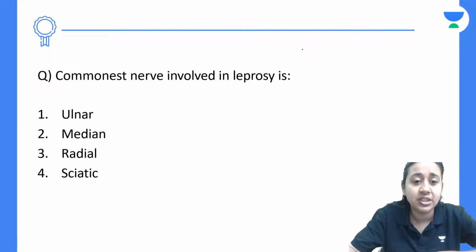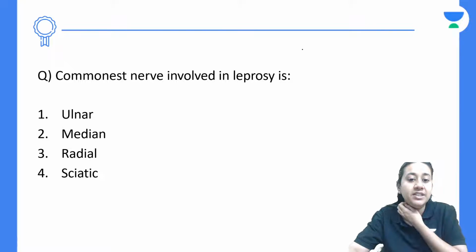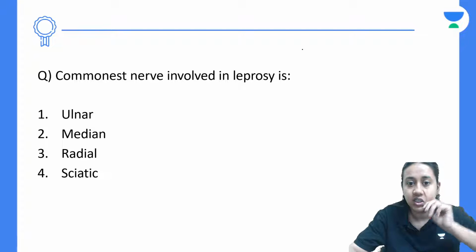Starting with the first question: the commonest nerve involved in leprosy is option 1, ulnar, 2, median, 3, radial, or 4, sciatic.